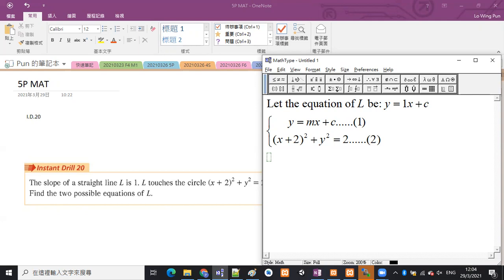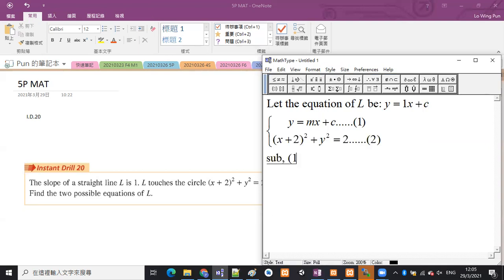So whenever we are finding information about intersection points, we use equation 1, equation 2, and use the techniques of simultaneous equations. From equation 1, y is already the subject, so we do not need to change the subject. We can sub 1 into 2 directly.